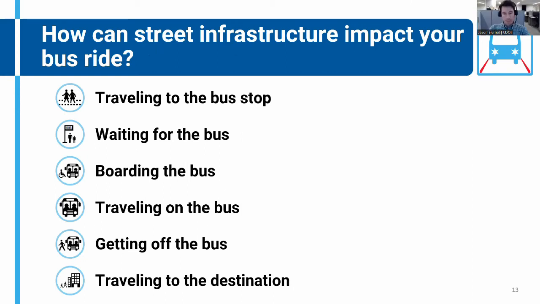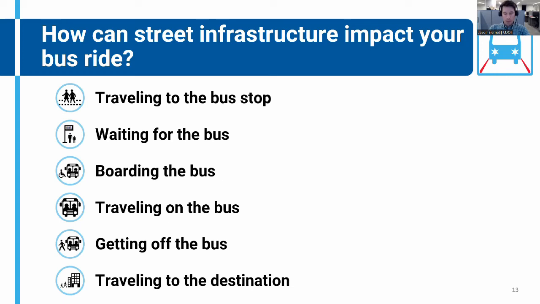Thanks, Jen. Street infrastructure, including the streets themselves, as well as sidewalks, signal systems, crossings, and street furniture like shelters and benches, can impact the bus riding experience in many ways. Traveling to and from the bus stop can be safer and more comfortable with better street crossings and well-maintained sidewalks that are wide enough and ADA compliant.